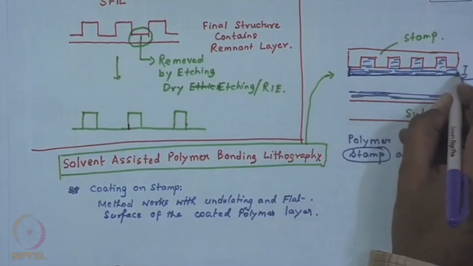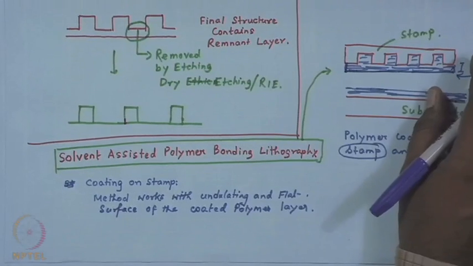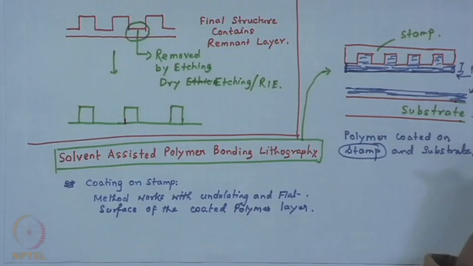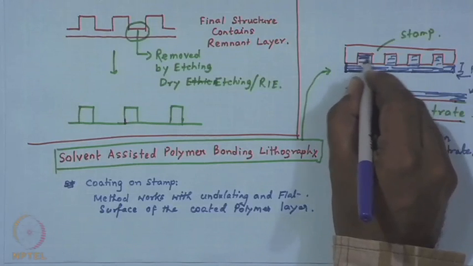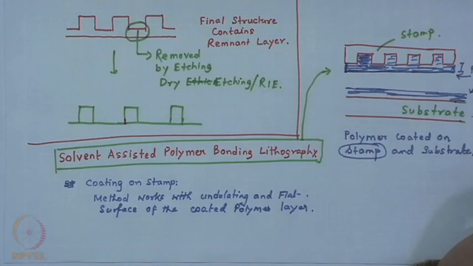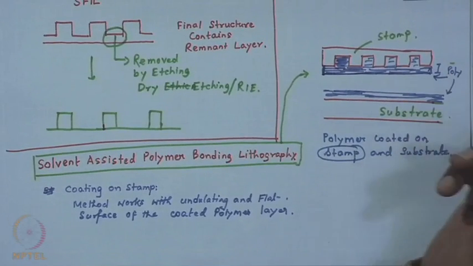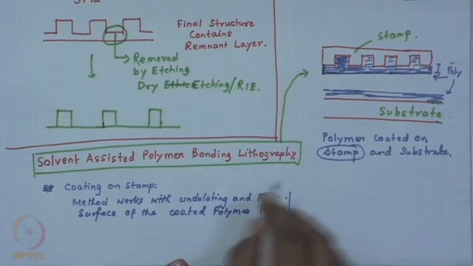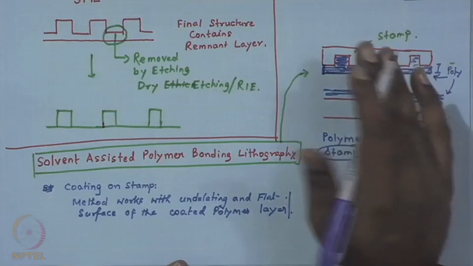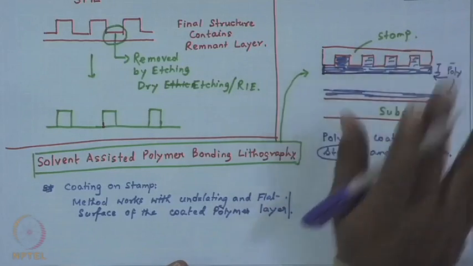Please refer to the previous class, lecture number 20 on soft lithography, or soft lithography lecture number 5, where we talked about the likely consequences or morphologies if you directly coat a polymer layer on a topographically structured surface. And let me remind that this method works for this layer being perfectly flat or even if it is undulating.